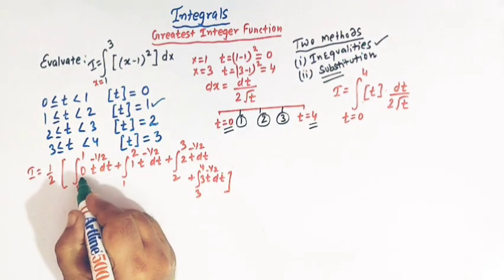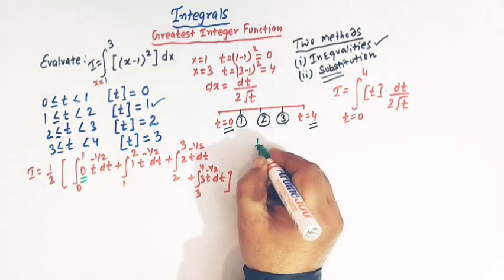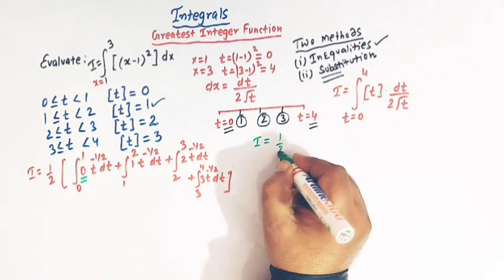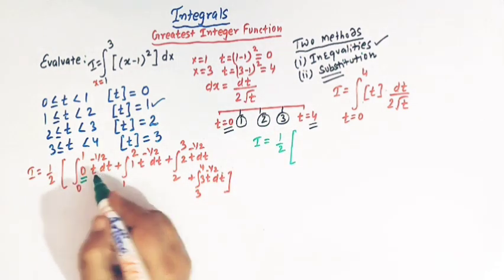Now see here we have 0, so the value of this integral is 0. So we can now write half, and here we have 0, so this integral disappears.